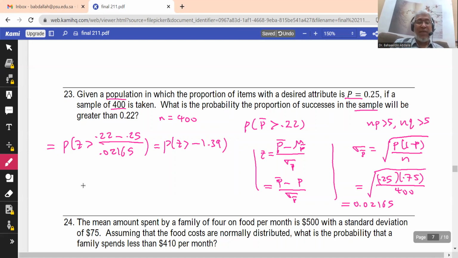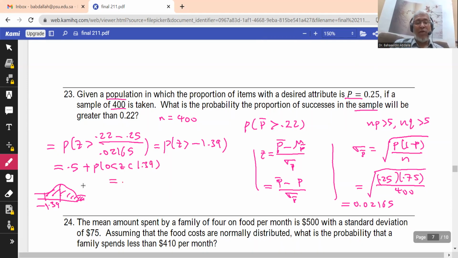And now to find this area from the table, this is negative 1.39. We need the area greater than, so we need all of this. So this would be 0.5, which is the area to the right of 0, plus the probability that Z is between negative 1.39 and 0, which is equal to the probability that Z is between 0 and 1.39.